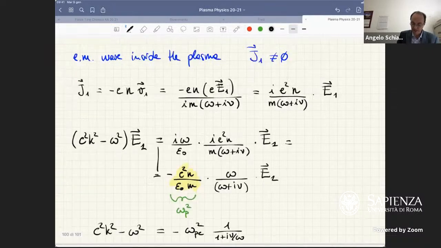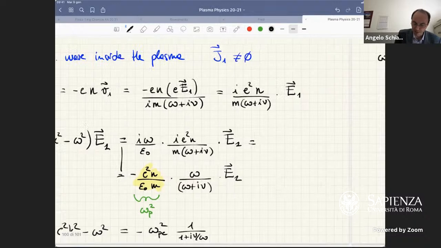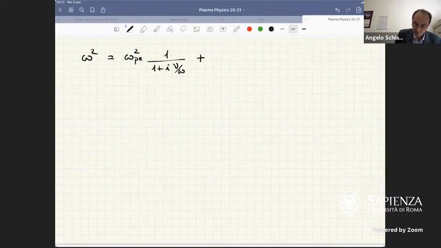And the other bit changes sign, it becomes c squared k squared. Okay. You see that we end up with a complex dispersion relation.